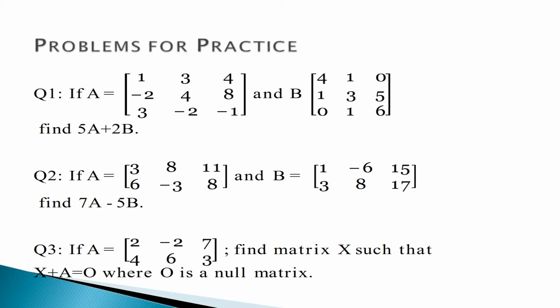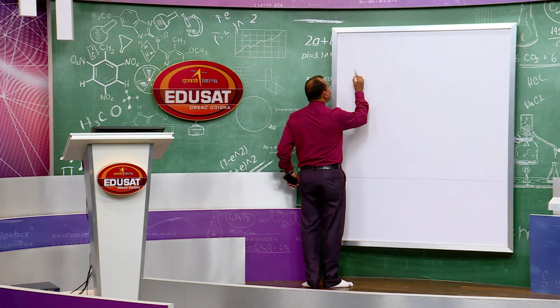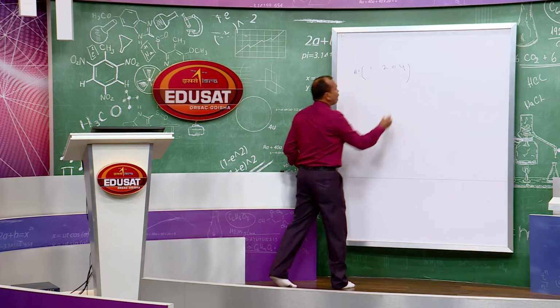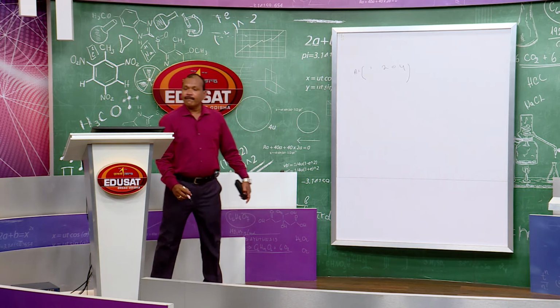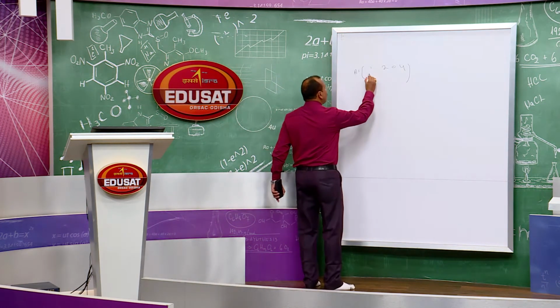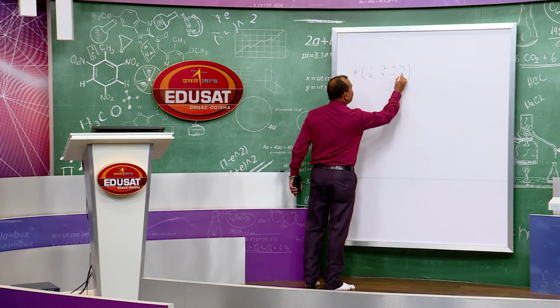Suppose in number 5, A is the matrix given as 1, 2, 0, 4 and 2, 4, minus 1, 3.